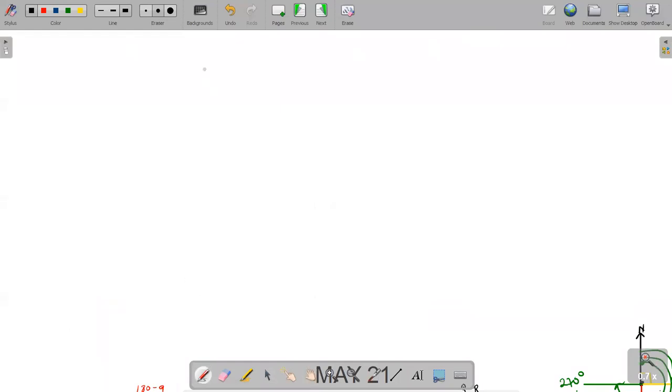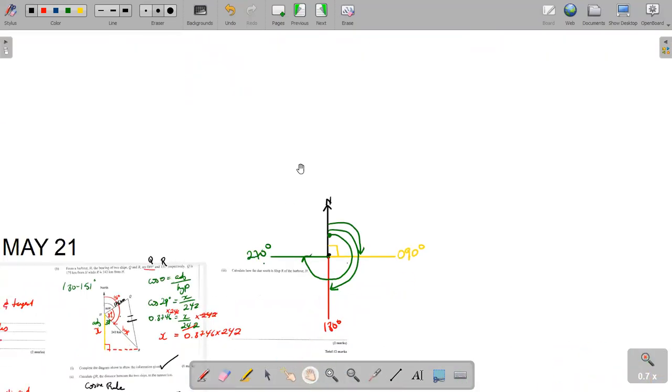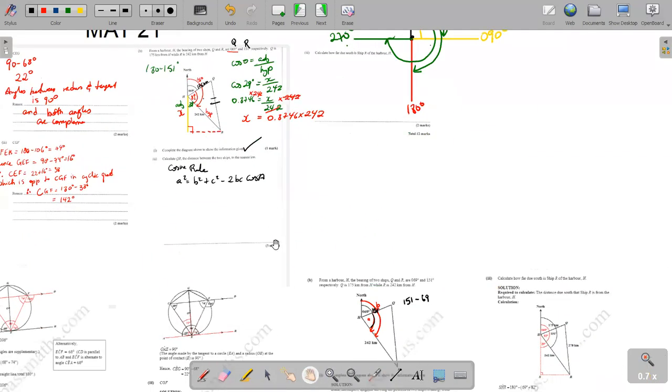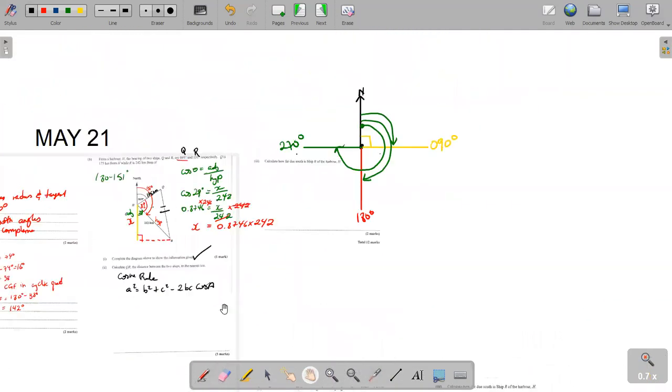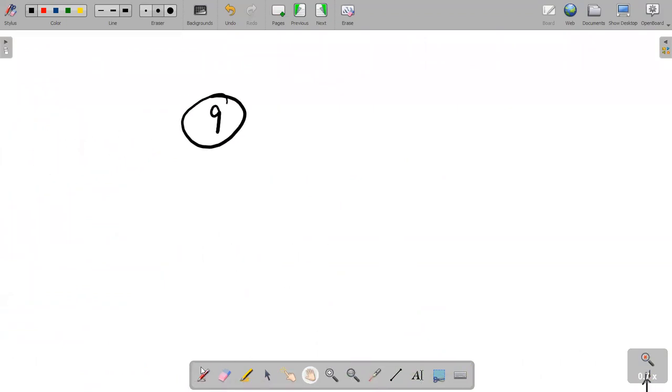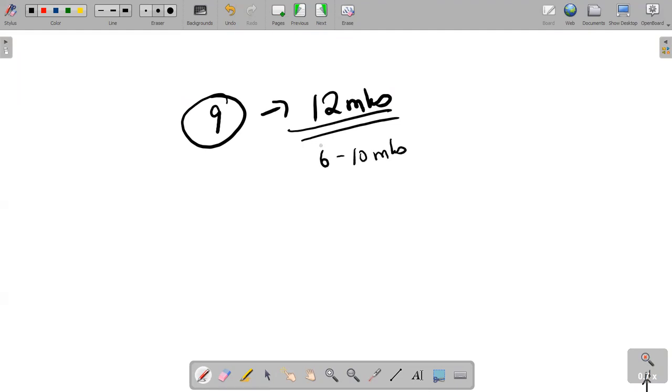If you were to try question number 9, how many marks is it? I think the total is 12 marks. Question 9 is usually 12 marks. Do you think you could at least get 6 to 10 marks? That's half, just above half.